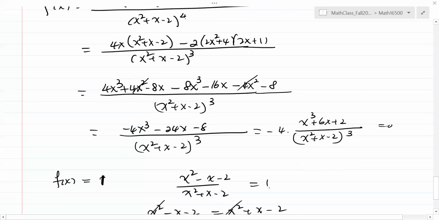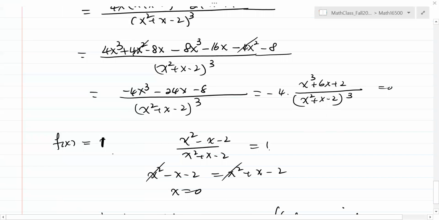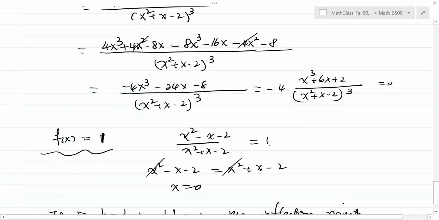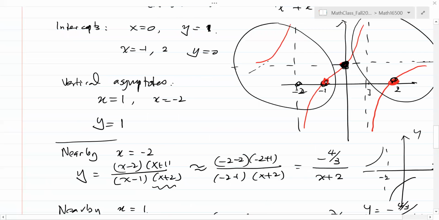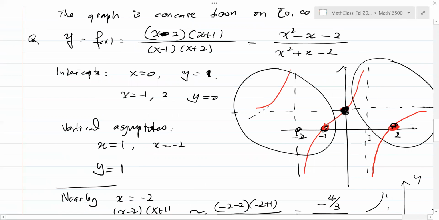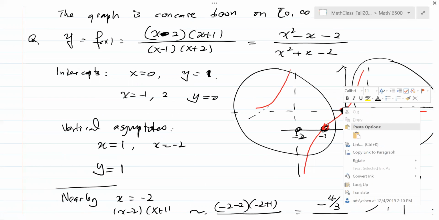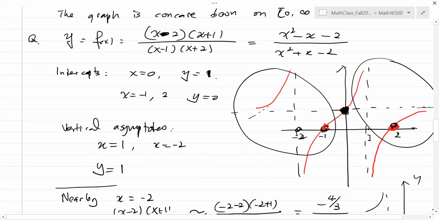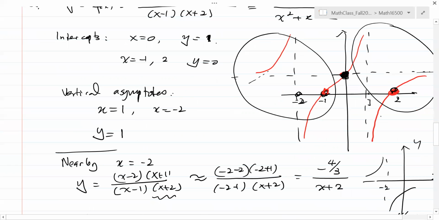But what I did here is look at this algebraic equation, and I find that the only solution is x equals 0. So then I look at the picture. At this point, the graph passes through the horizontal asymptote, and the other two pieces do not intersect the horizontal asymptote.